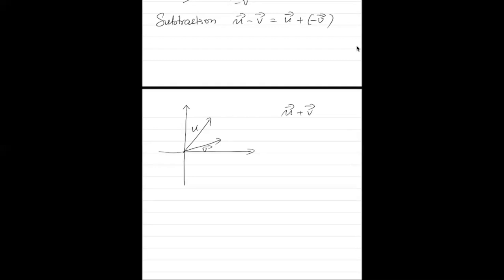I'm going to draw an equivalent vector, a vector v, so that the initial point of v is where the terminal point of u ends. So this is u plus v. I'm going to show it in blue, this is u plus v.